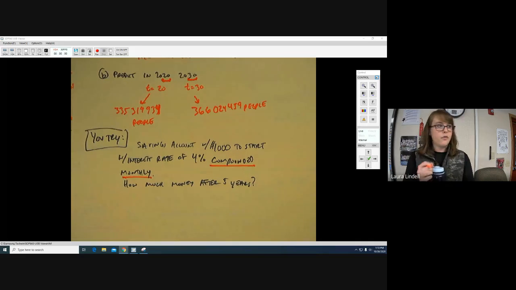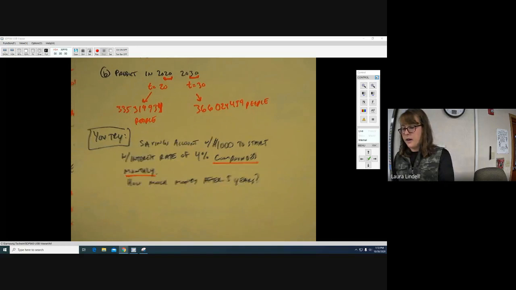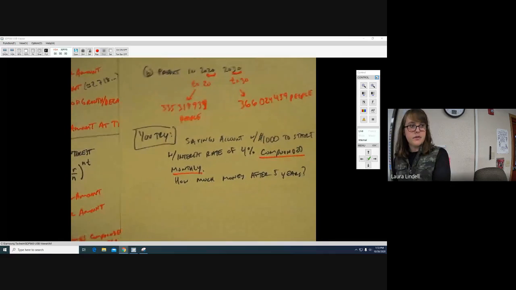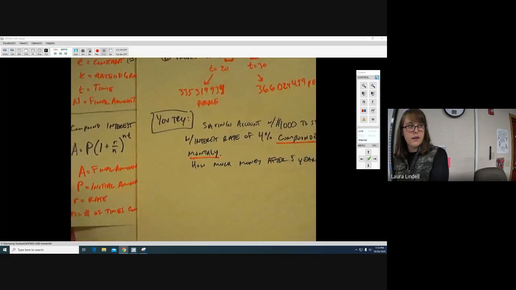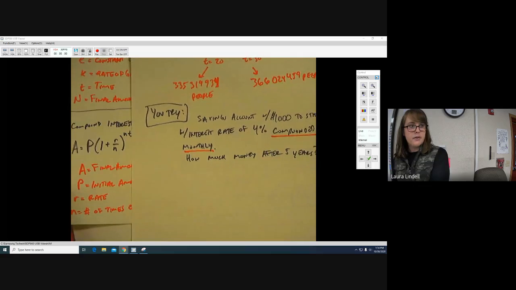And so if we're doing compound interest compounded monthly, what's n going to be? Exactly, it's going to be 12 because there are 12 months in a year. So go ahead and use the compound interest model. Try to show that along with it.